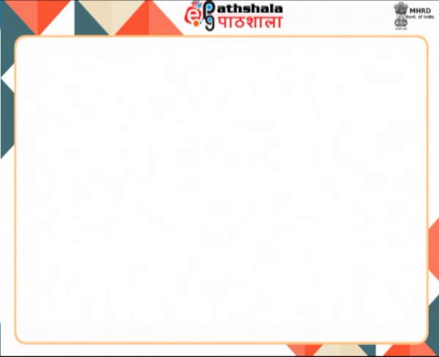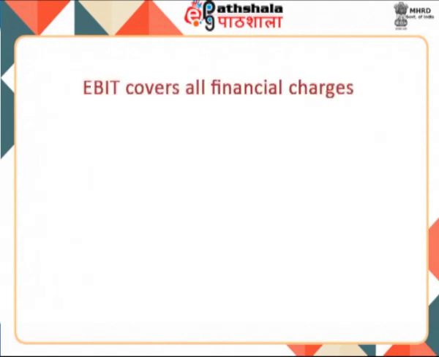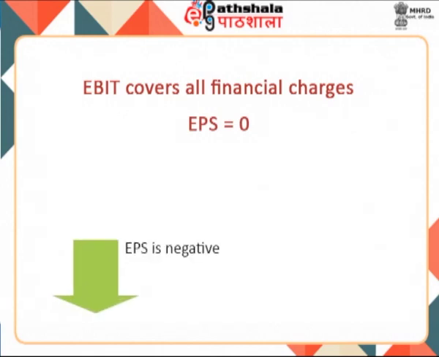Financial break-even point is that level of earning before interest and taxes at which the firm covers all financial charges. At this level, the firm's earning per share is zero. Below this point, the firm's earning per share is negative.